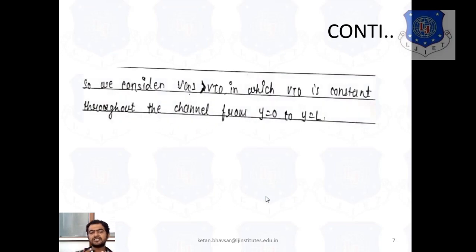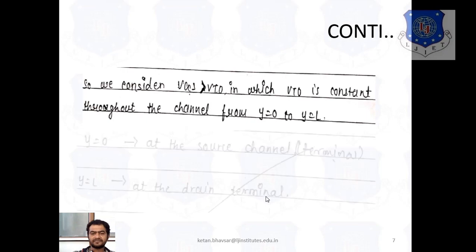Now we consider the situation when VGS is greater than VTO. In such a condition, VTO is constant throughout the channel from Y equal to 0 to Y equal to L. The channel is established from Y equal to 0 to Y equal to L, as we apply certain voltages.